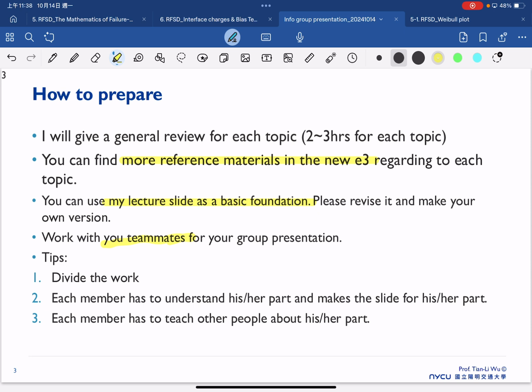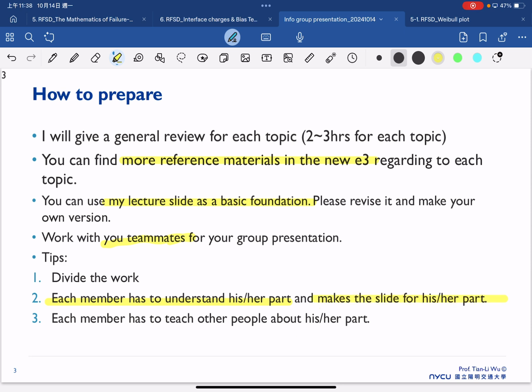My suggestion is, for sure you still need to divide the work, but you need to make sure that each member understands his or her part and makes the slides for his or her part.